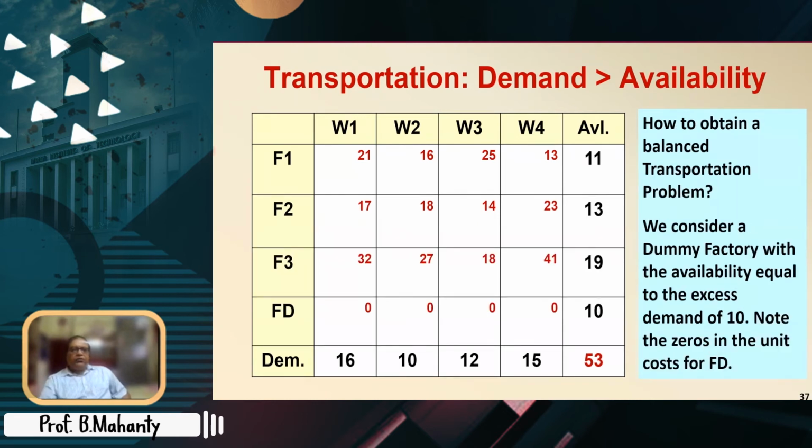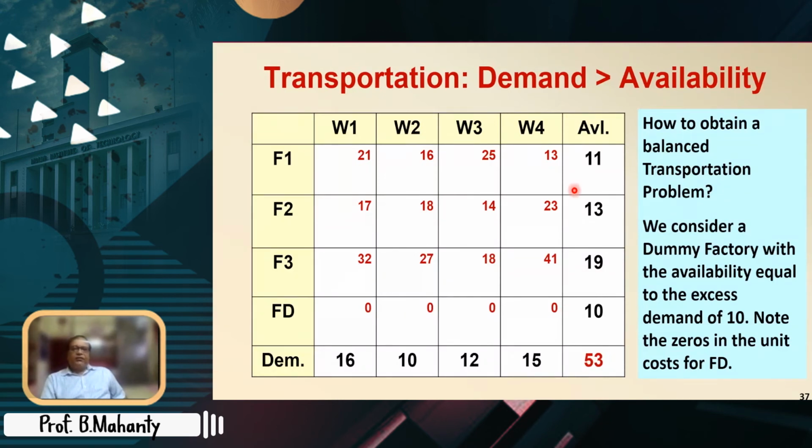So we added a dummy factory and now we have F1, F2, F3 and FD, and these are the unit transportation costs. And since there are no restrictions, if we had some restrictions, then one of them would have been M. But anyhow, there are no restrictions, so we put all zeros for FD, and we have a balanced problem. FD has to supply 10 because the gap was 53 minus 43 equal to 10.